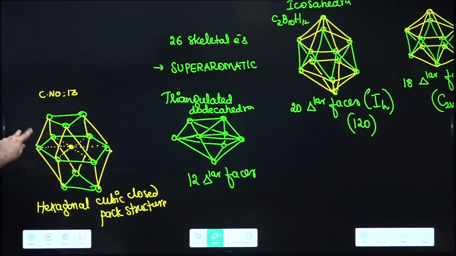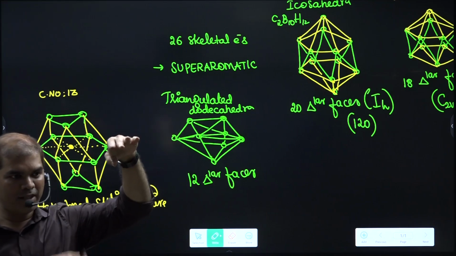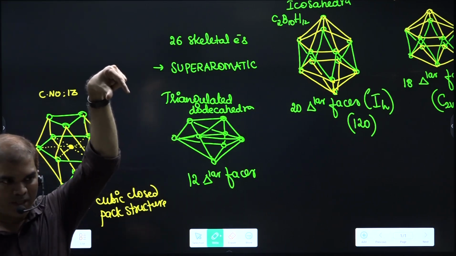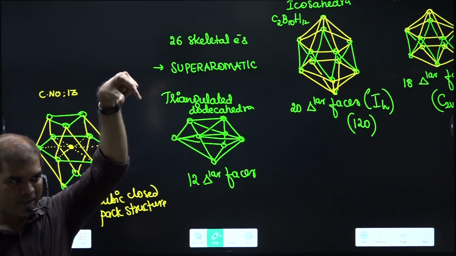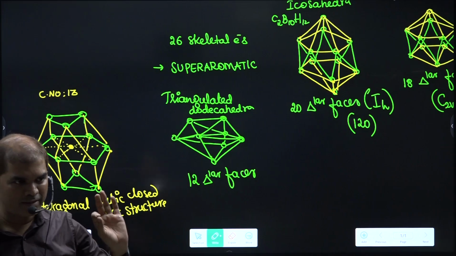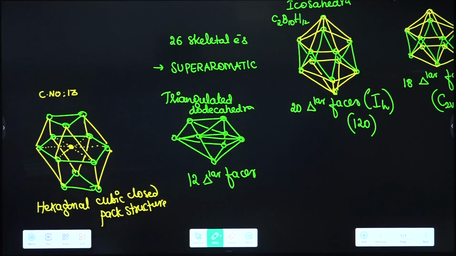Triangle, square, triangle, square, triangle, square. 3 triangles, 3 squares above. 3 triangles, 3 squares below. 1 triangle on the top, 1 triangle at the bottom. So altogether 8 triangular faces, 6 square faces. Okay, note down: 8 triangular and 6 square faces.